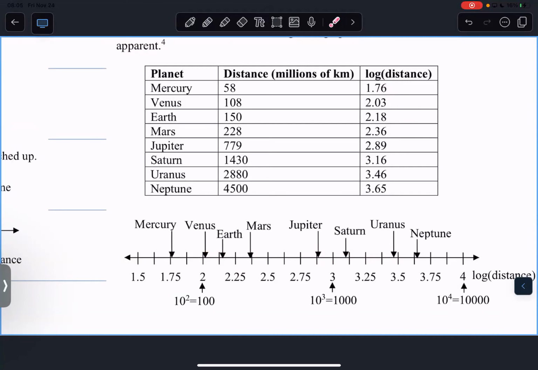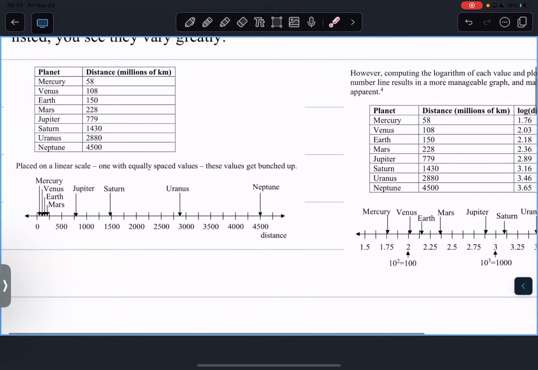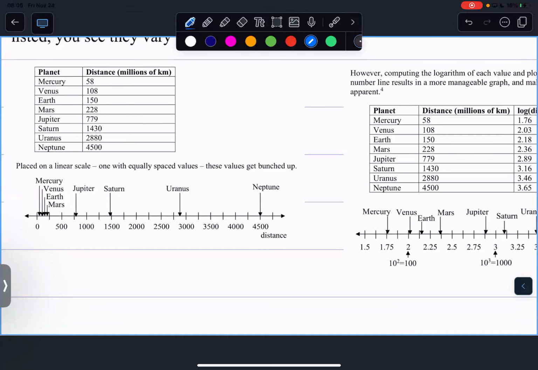Okay, and the reason is because initially these points were exponential, right? And so that's why it works, because we have this exponential growth.